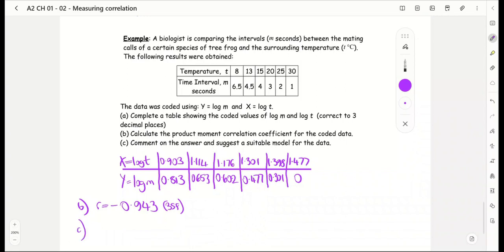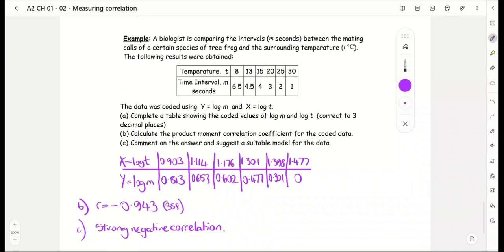Now for part C, it's comment on the answer and suggest a suitable model for the data. Well, we can clearly see that we have a number close to -1, so this is a strong negative correlation. And then suggest a suitable model for the data. Well, we need to consider that this data was originally coded using log m and log t.